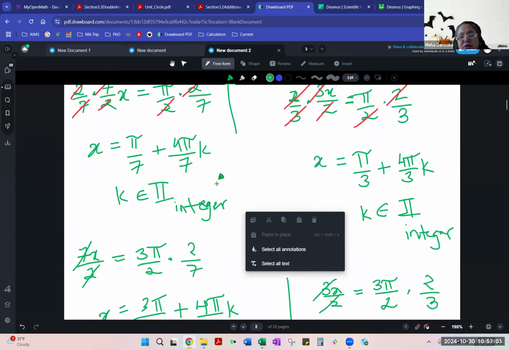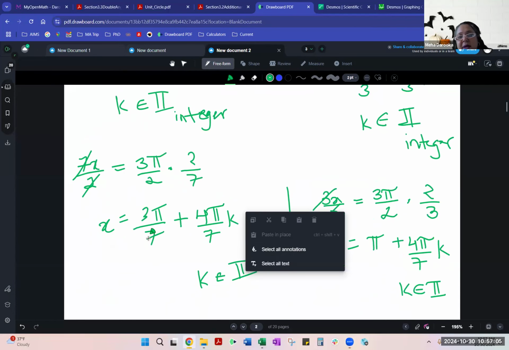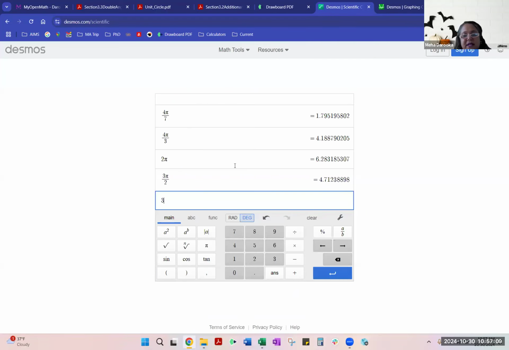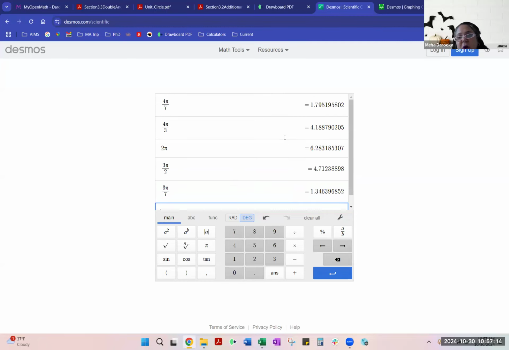From 3 pi over 2, that angle actually ends up becoming 3 pi over 7. So if you look at 3 pi over 7, you will see that number is actually smaller than both of the original periods, right? So 3 pi over 2 is coming from the unit circle, but that's not the angle that we are using in our cosine of 7x over 2 or cosine of 3x over 2.